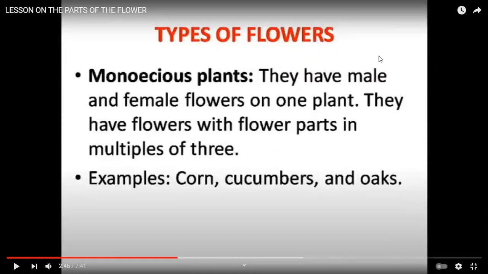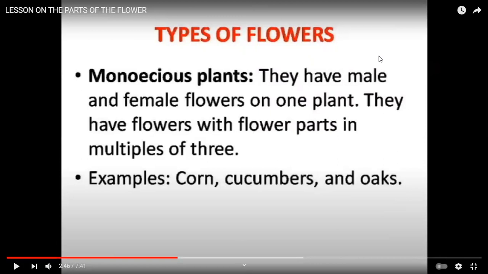Now let's talk about monoecious plants. These are plants that have male and female flowers on one plant, right? They have flowers with flower parts in multiples of 3.